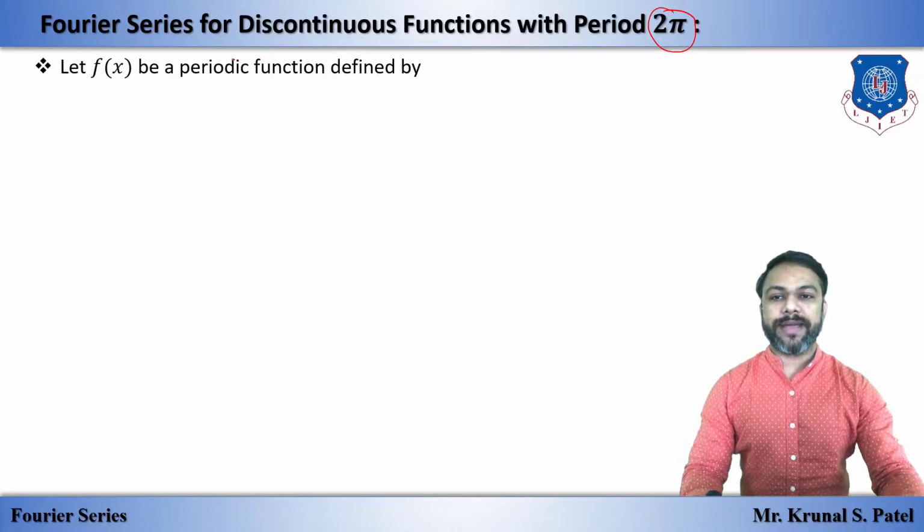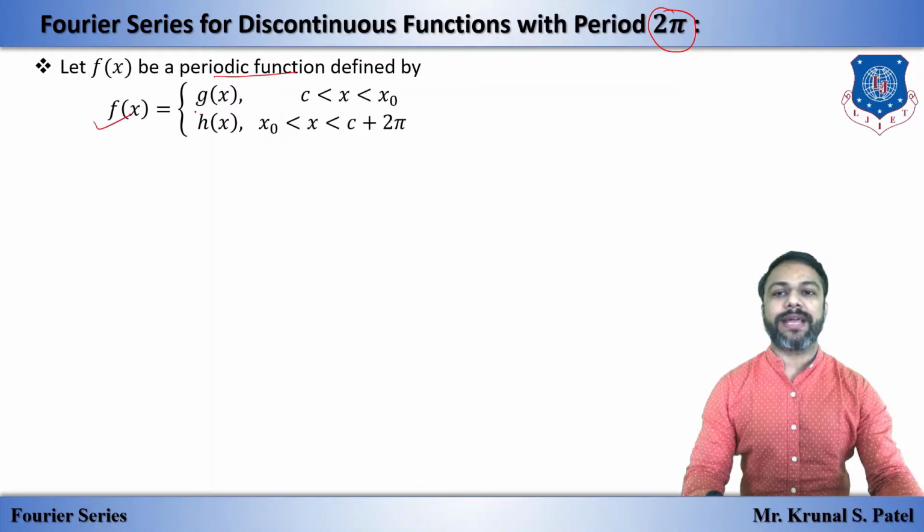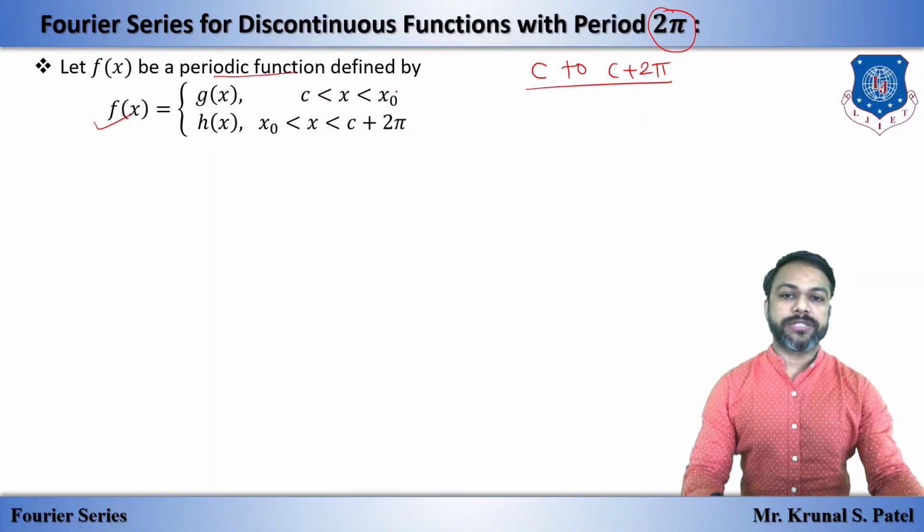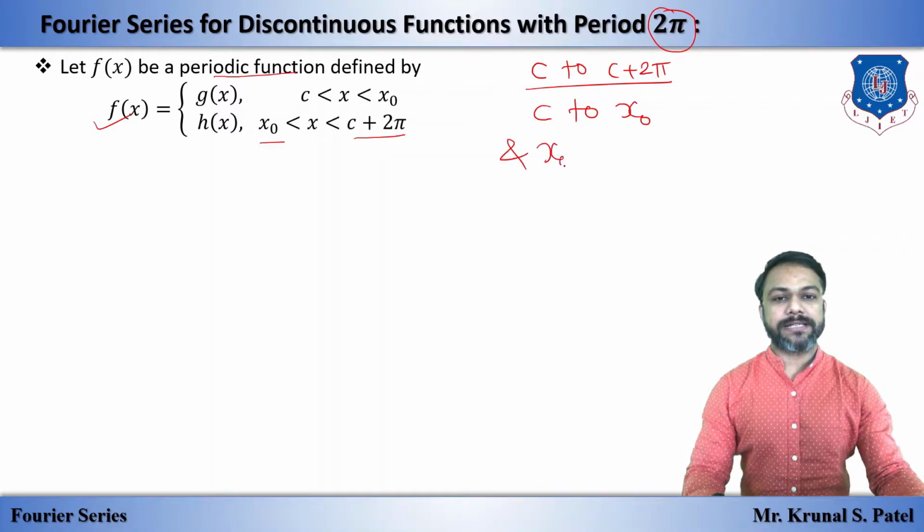Let f of x be a periodic function defined by f of x equal to g of x, h of x, where the entire interval c to c plus 2 pi is split into two intervals, c to x0 and x0 to c plus 2 pi.